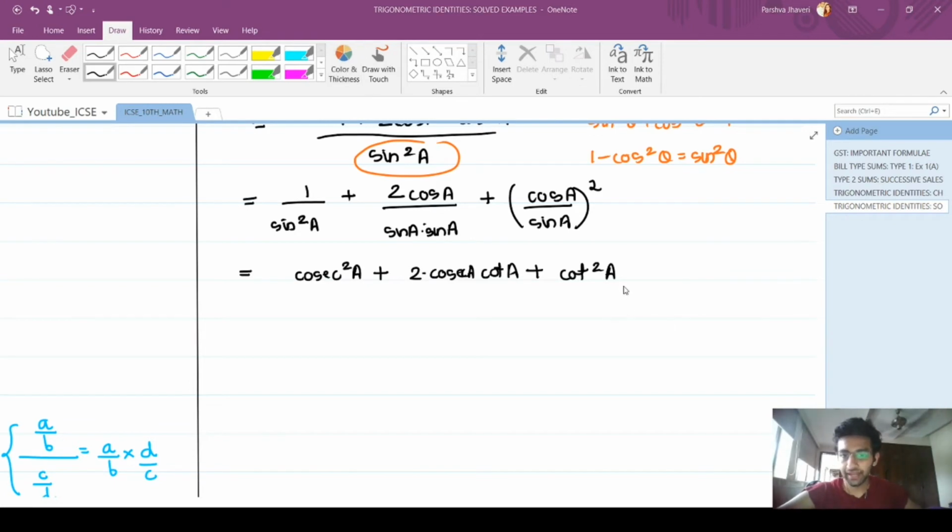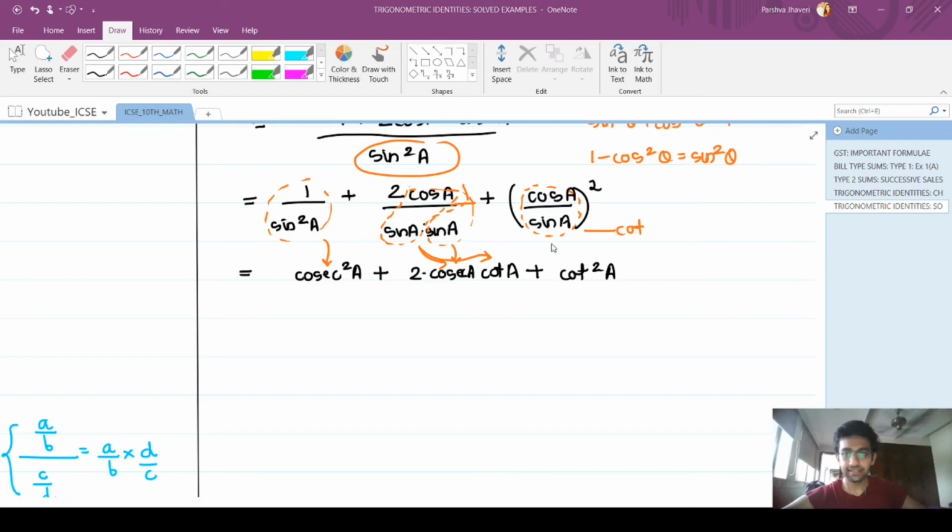Let's quickly see why I've written it like this. Can you see the dotted line? 1 upon sin A becomes cosec A, and this becomes cot A. And 1 upon sin square A becomes cosec square A. Alright?